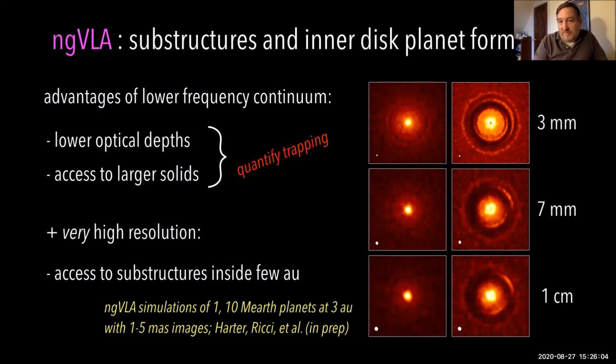So you could potentially see asymmetric substructures, for example, that are masked because of the higher optical depths of the ALMA wavelengths. And it gives you access to larger solids that you don't have access to in the millimeter. And those two things are basically crucial if we ever want to quantify trapping of the particles and learn about the environment in which planetesimals might be formed.